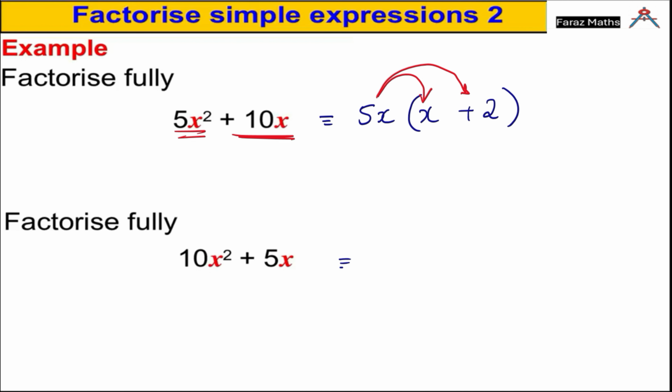Okay, the next one. Again 10 and 5, 5 is the HCF, in between x square and x, x is the HCF. 5x times 2x is 10x square and 5x times plus 1 is 5x. You can double check it also. 5x times 2x is 10x square and 5x times plus 1 is 5x.